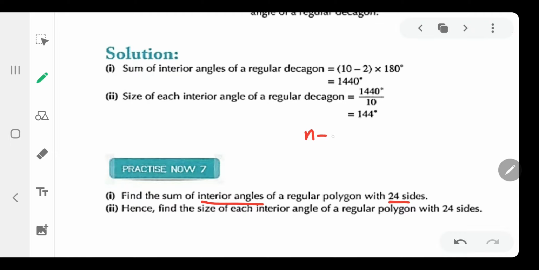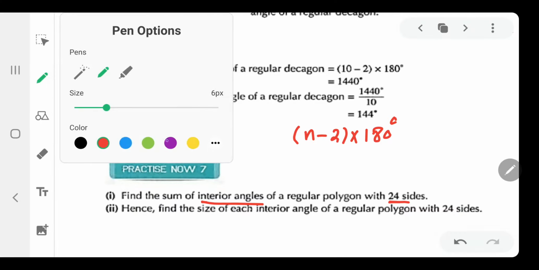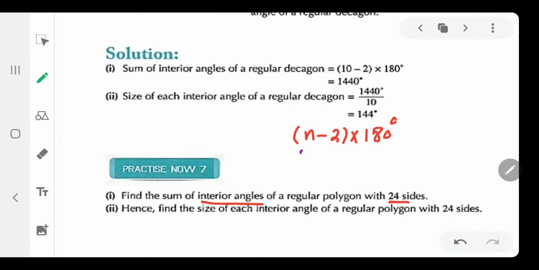We use this formula: n minus 2 multiplied by 180 degrees. Since we have a regular polygon with 24 sides, we can find the sum of interior angles by putting n equal to 24. So this is 24 minus 2 multiplied by 180 degrees.